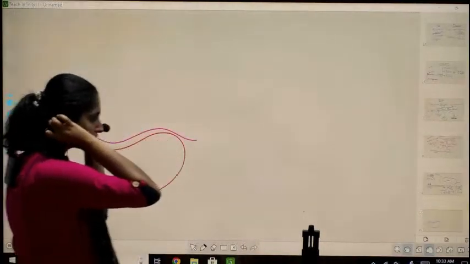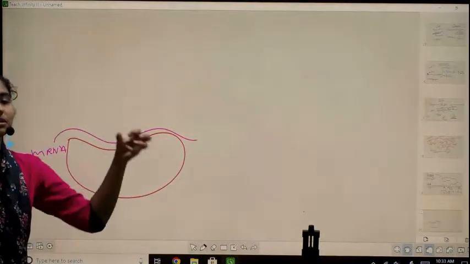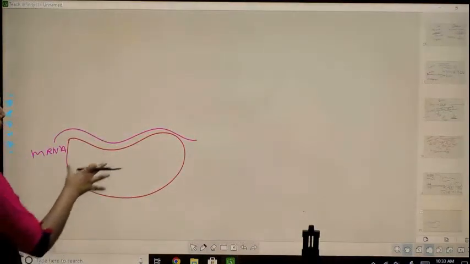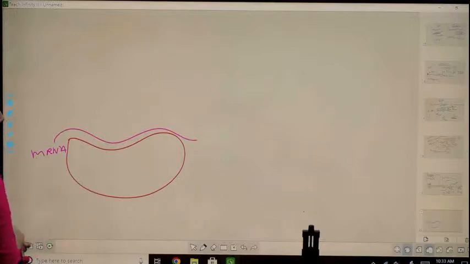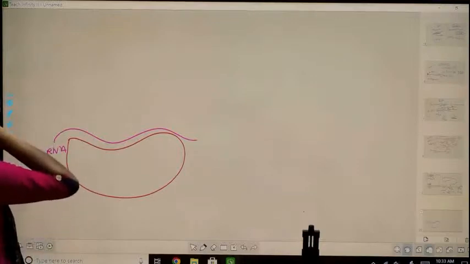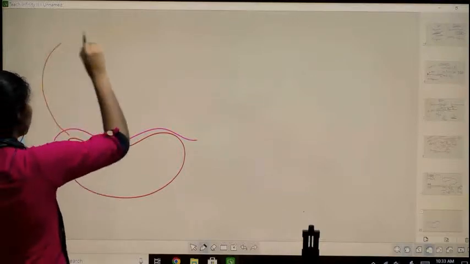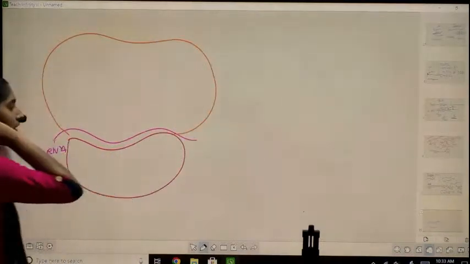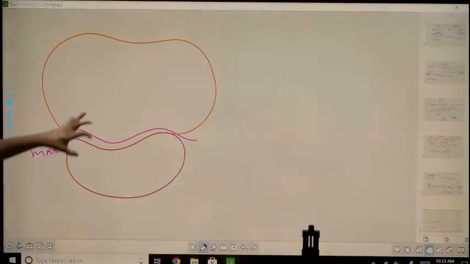Usually, both of the ribosome subunits remain dissociated in the cytoplasm. So the small subunit is first encountered by the mRNA, and that brings the larger subunit in association with the small subunit. Now, we have the complete ribosome and the mRNA.